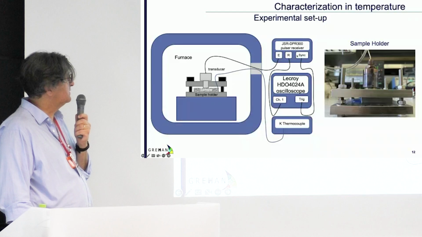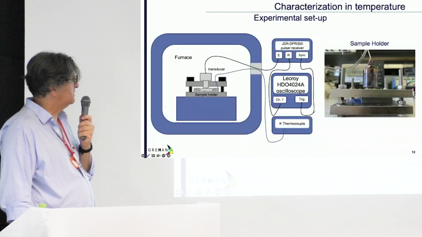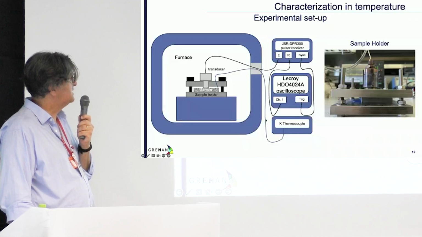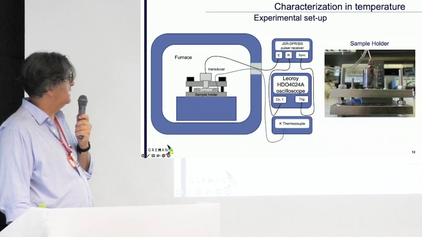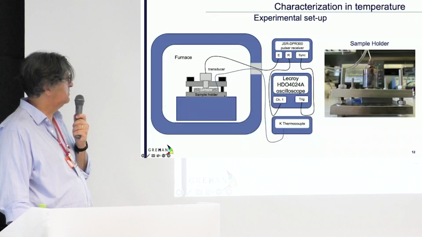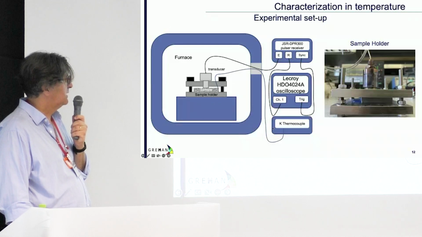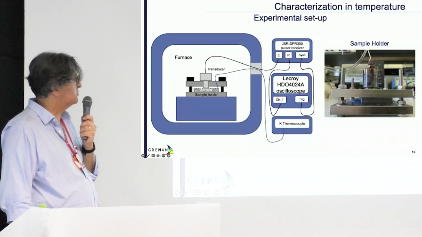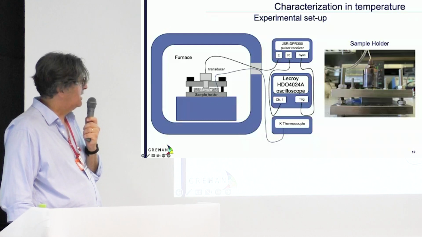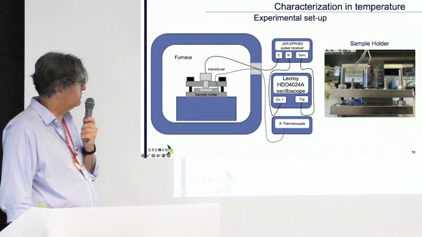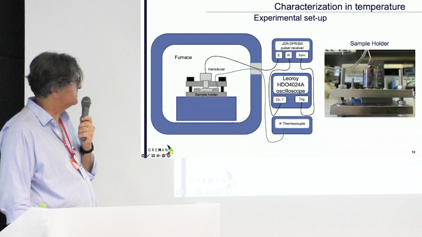So we have a pulser receiver that is connected to an oscilloscope, and of course, it is placed into a furnace, and in parallel to the ultrasonic measurement, we measure the temperature. These measurements were done at the CEA. And here you have a photo of the equipment with the sample here, the transducers.